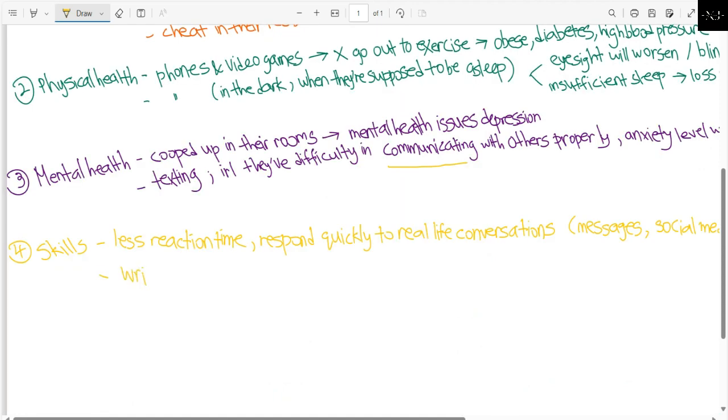Here we can elaborate on how, if we're always relying on technology to provide us the answer, we wouldn't know how to write properly. Maybe it's our spelling, maybe it's the words that we use, vocabulary. We don't know when we should upgrade, or we do not know how to use certain words. Maybe sometimes even the grammar.